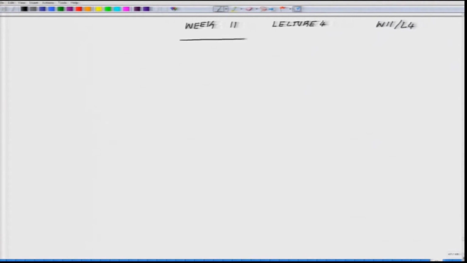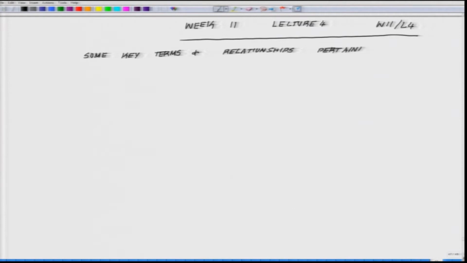Now, first some key terms and relationships pertaining to blood circulation that we will be discussing.